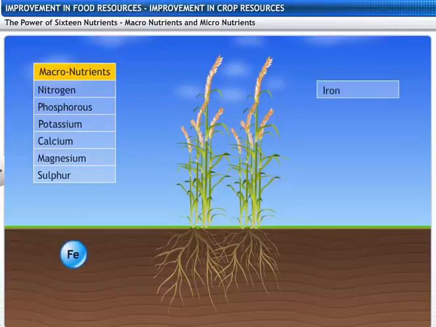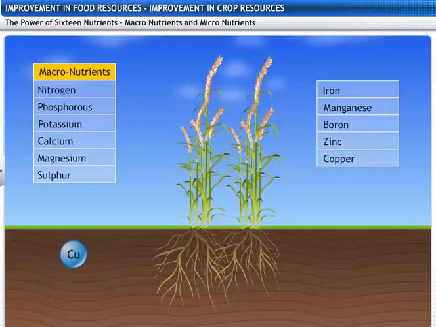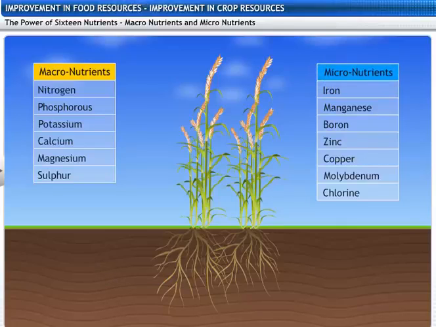The other 7 nutrients such as iron, manganese, boron, zinc, copper, molybdenum, and chlorine are used by plants in smaller quantities. These are called micronutrients.